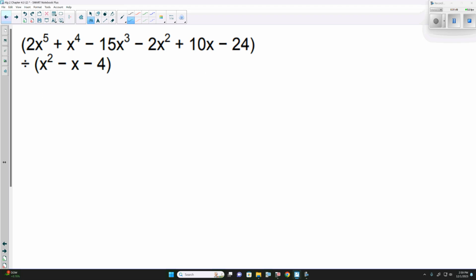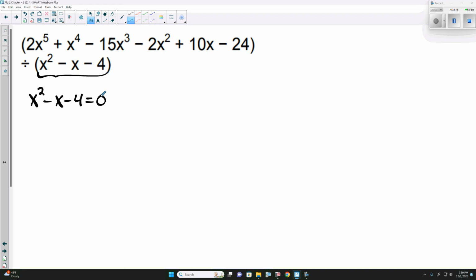Now, one of the ones we skipped over was this one here. This one is a little bit different from the last one, because what we're dividing has 3 terms. For this one, we do still set this equal to 0.